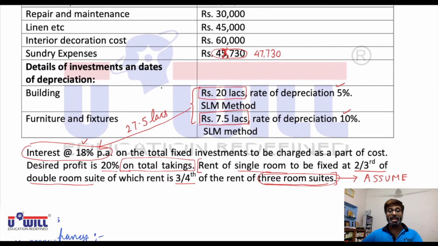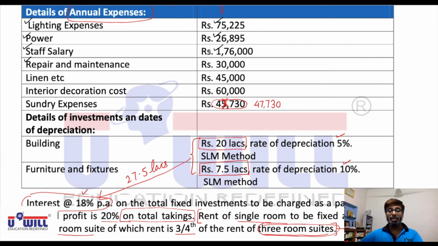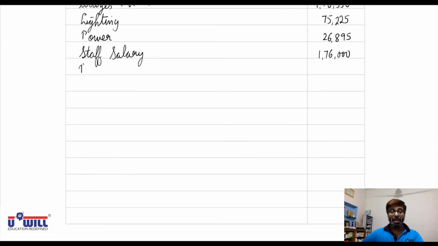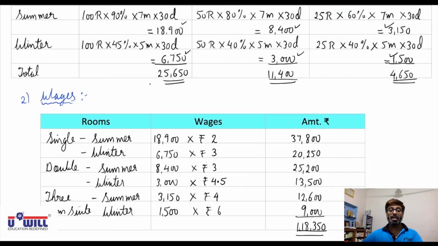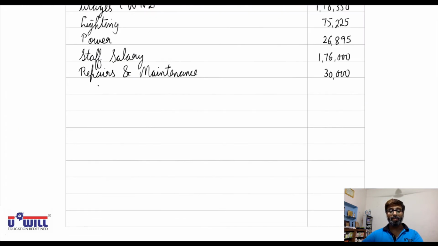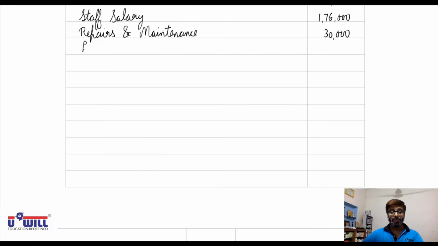Then after staff salary, we have repairs and maintenance 30,000. Then after repairs and maintenance, we have linen 45,000.